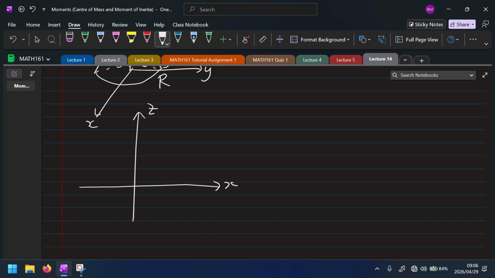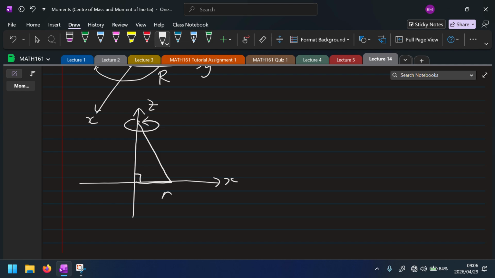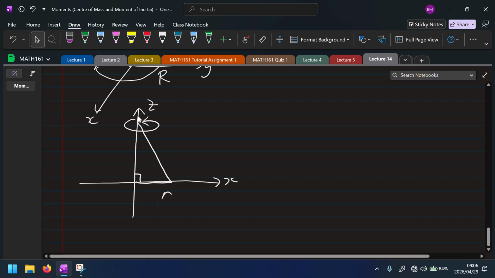Okay, so I'm just going to do a slice, right? For the shell method, we need a slice of this thing. So it's going to look something like this. It's going to go around like that. And as we go along x here, as we go along the radius, the density is going to change going along there.